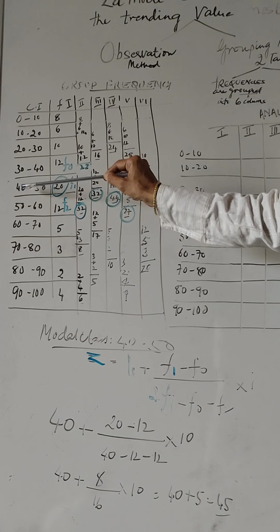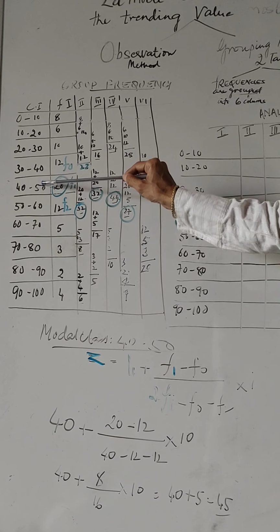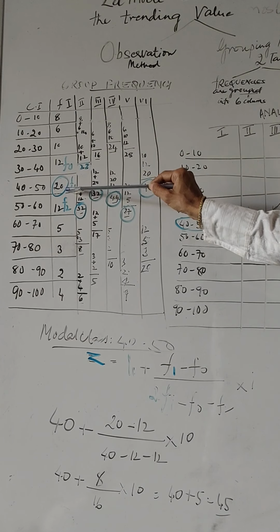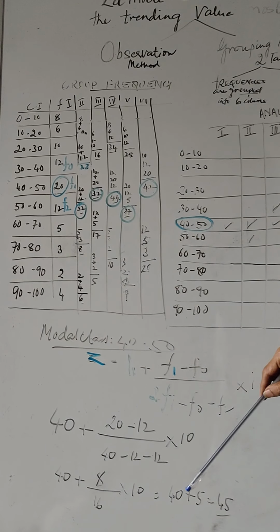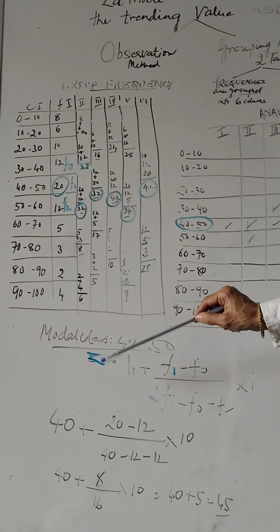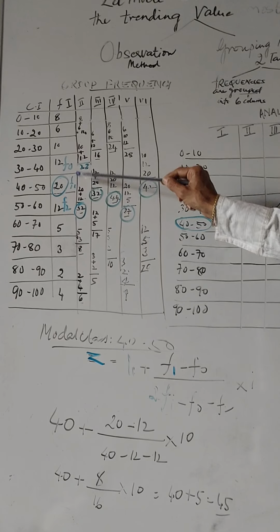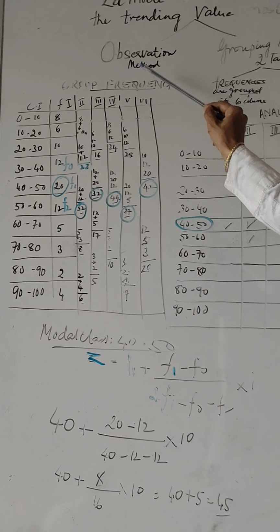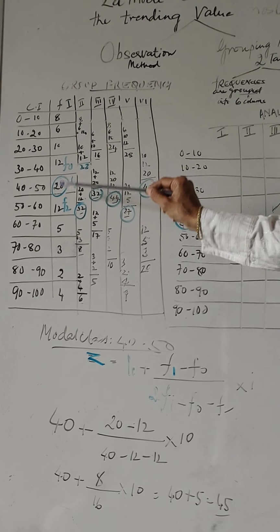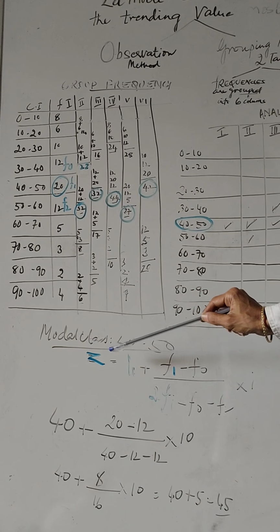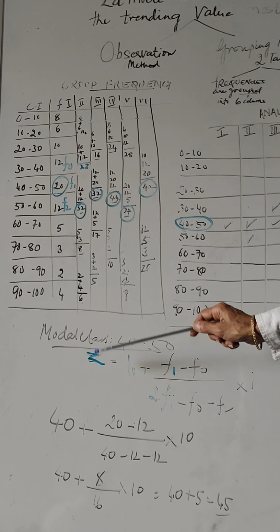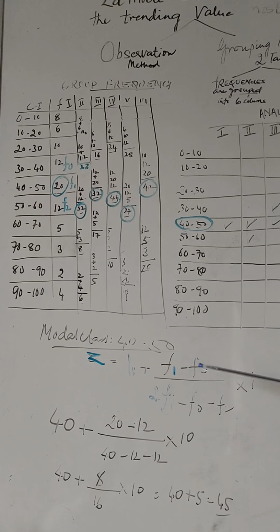So in this particular class interval, 40 to 50, lies the modal class. So that becomes your modal class. And once you find by observation which group frequency is the highest, then you can find out the exact mode with the following formula.